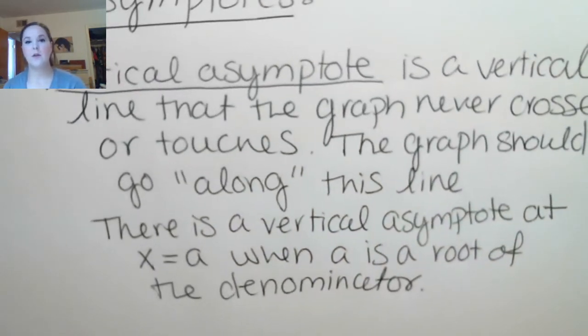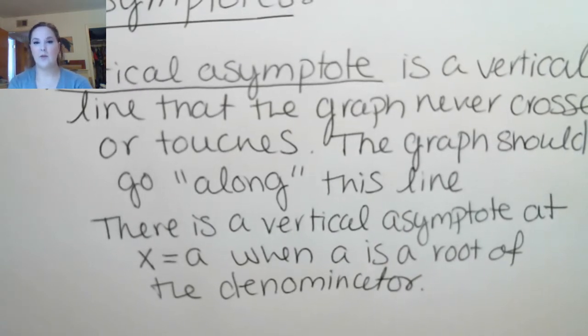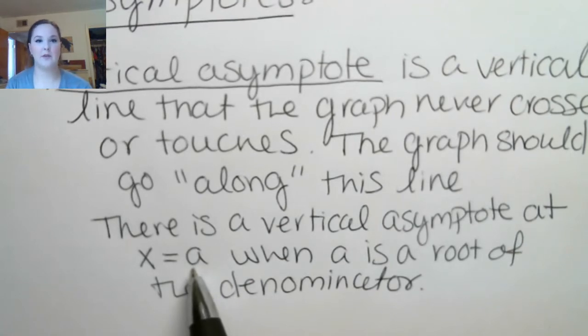Okay, so you get a vertical asymptote, like I said, when you have a value that makes the denominator 0.